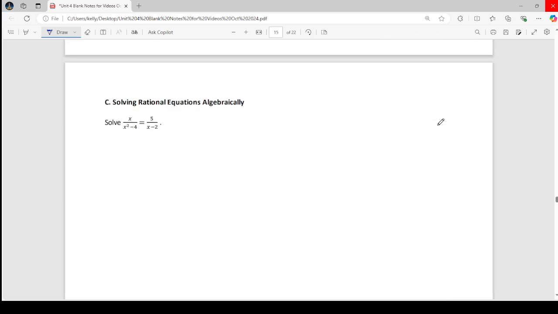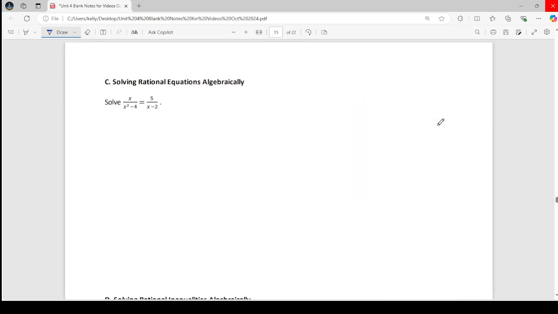So solving rational equations algebraically, let's perform our method of getting rid of the denominator. So first of all, noting that x can't be equal to plus or minus 2. And here, when we've got fraction equals fraction, we can just cross multiply them, right?